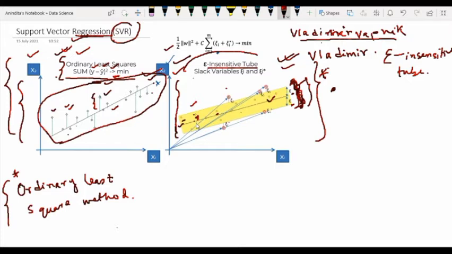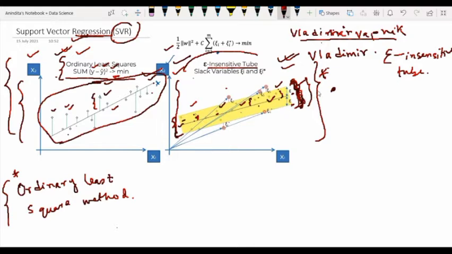So basically what I mean to say is, what is the definition of a tube? Conceptually, the definition of a tube is, though there is some distance between the point and the regression line over here, still we will not consider this error, we will disregard it. So if any point falls inside the tube and there exists any error between the regression line and the point, at that time we will not consider those errors.